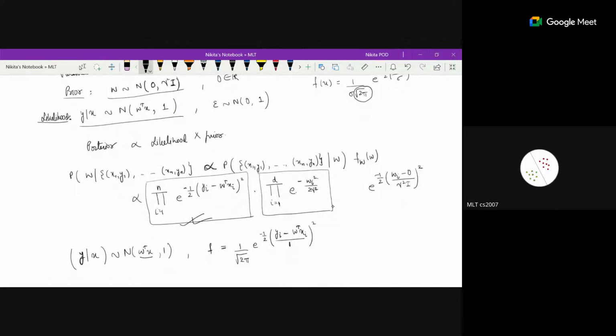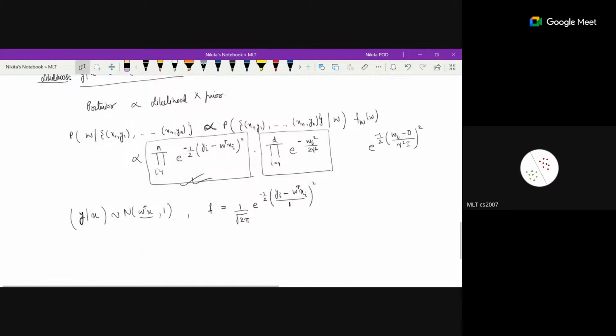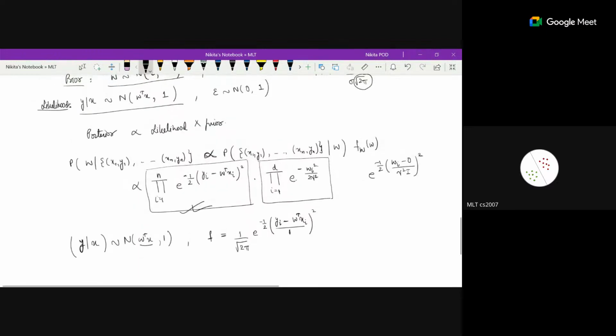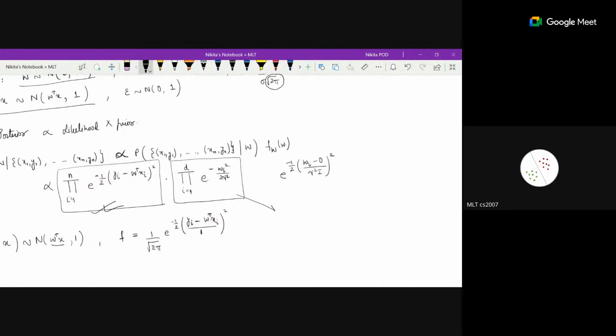Now if we write this term in the second part, this is basically e to the power w1 square upon 2 gamma square, e to the power w2 square upon 2 gamma square, and so on till e to the power wd square upon 2 gamma square.